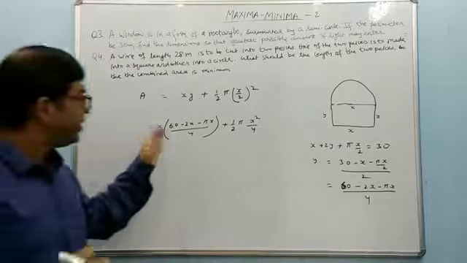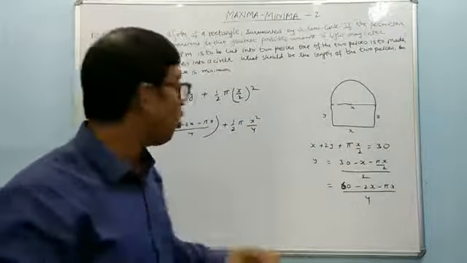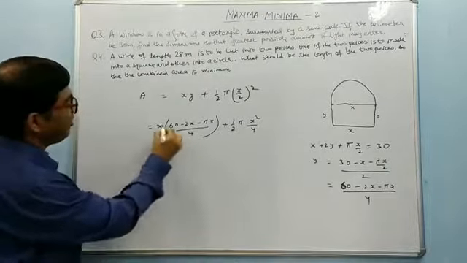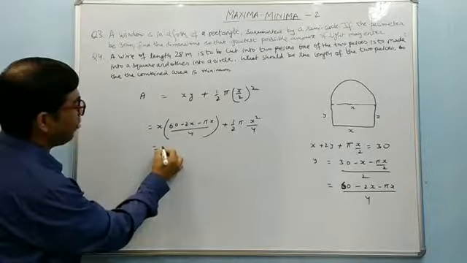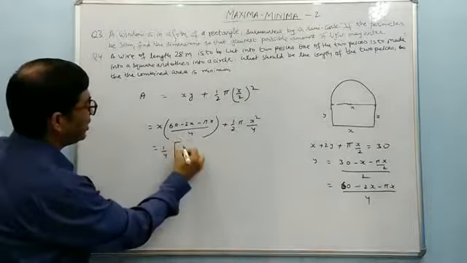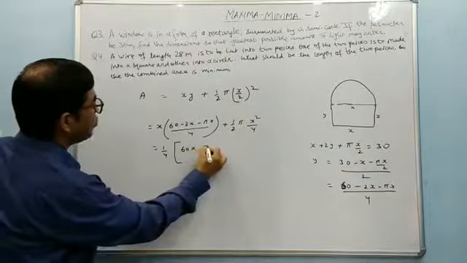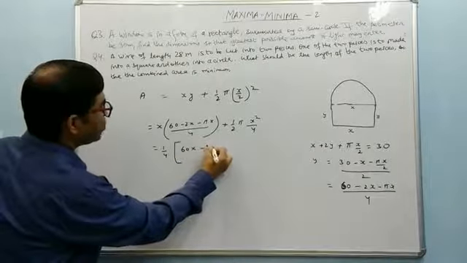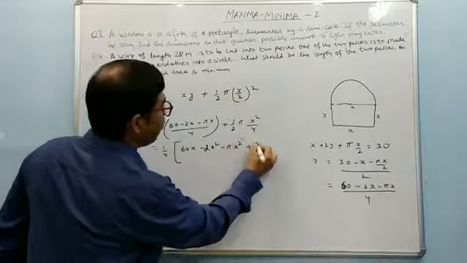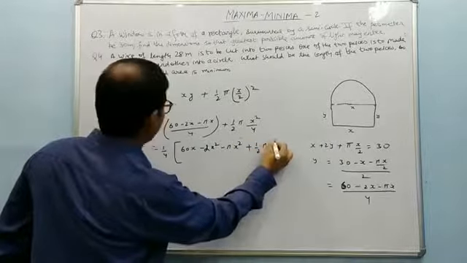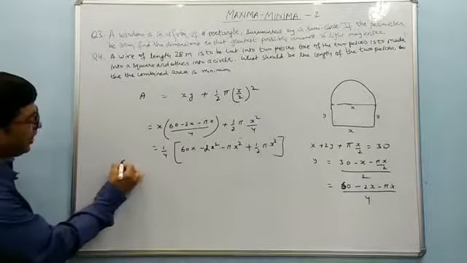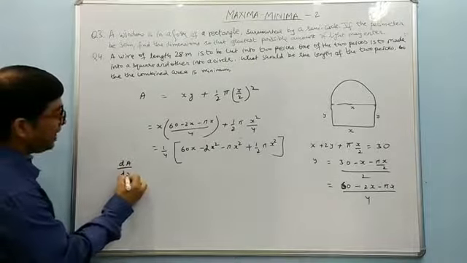So we got it in the terms of single variable x only. Little bit of simplification I am doing so that differentiation will be easier. So it is coming out to be, if I take 1 by 4 common throughout, I am just left with 60x minus 2x square minus pi x square plus 1 by 2 pi x square, because I have taken 1 by 4 common everywhere.